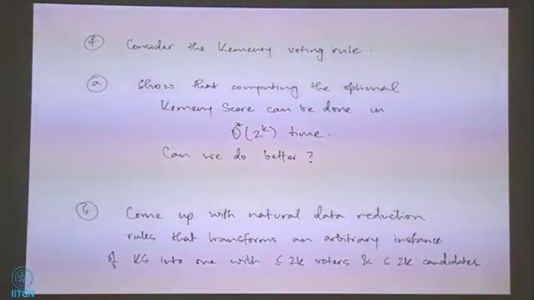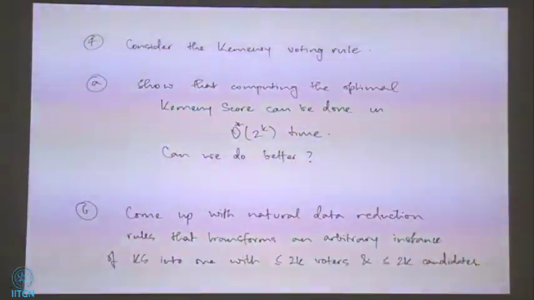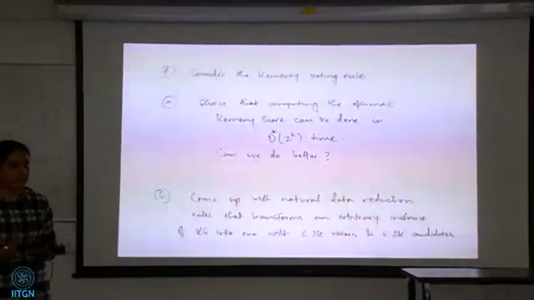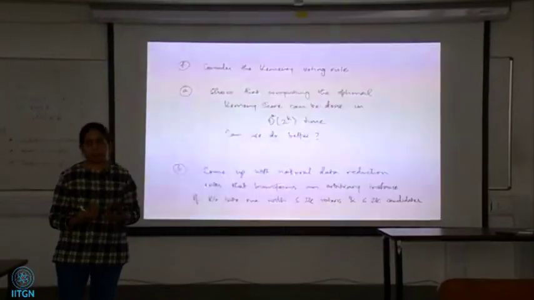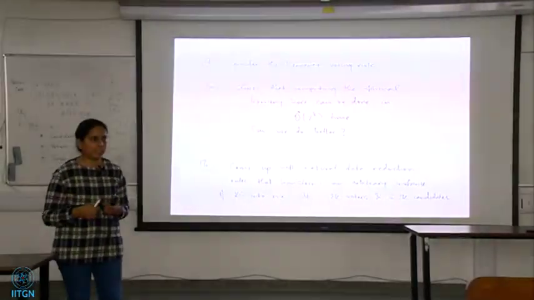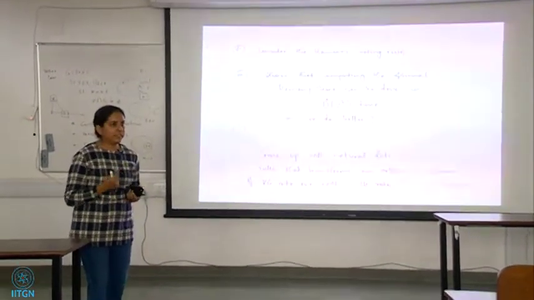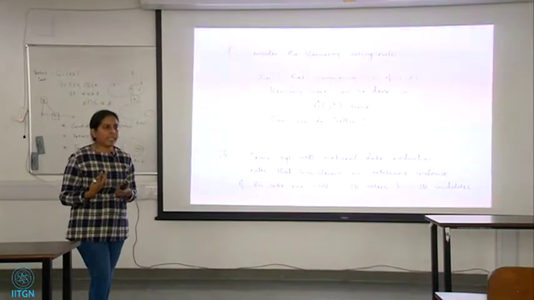So let me maybe just give you some starting points. Let me say that a pair of candidates forms a conflict pair if there's at least two voters who disagree on these candidates. Okay, so you have A and B, and there's somebody who likes A more than B, and there's somebody who likes B more than A. That's a conflict pair. What can you say about a candidate who doesn't participate in any conflict pairs?